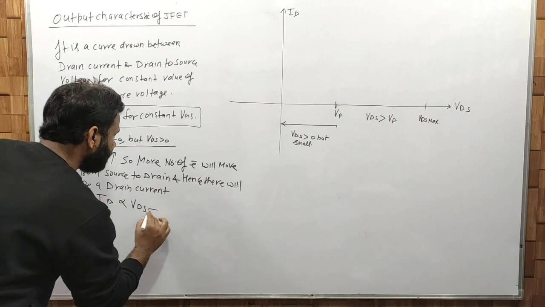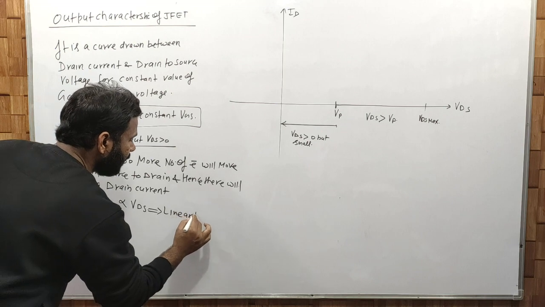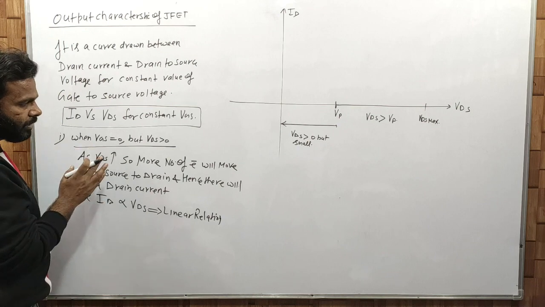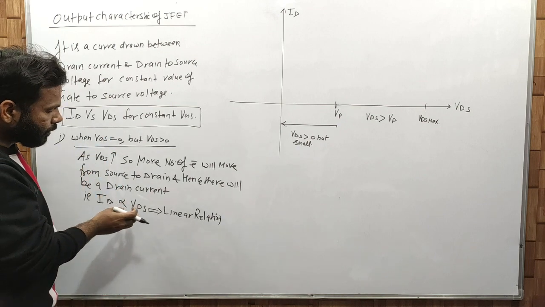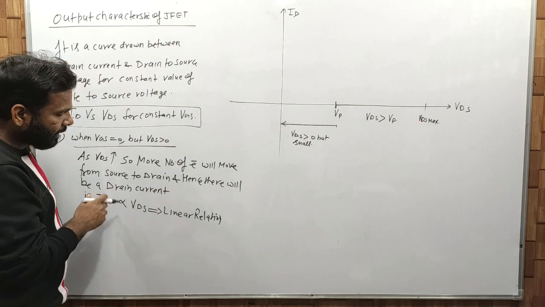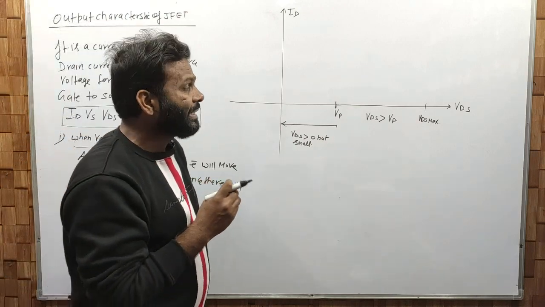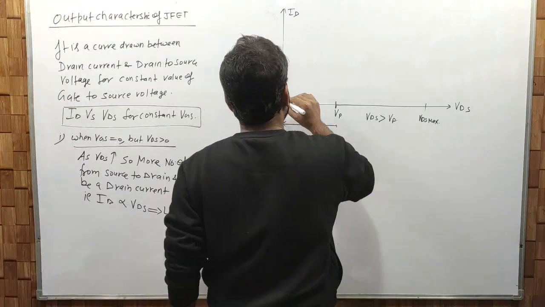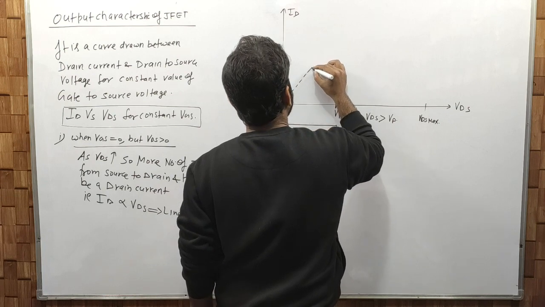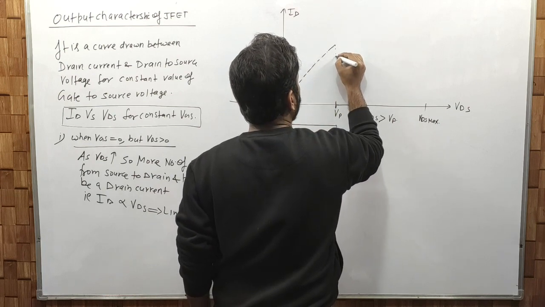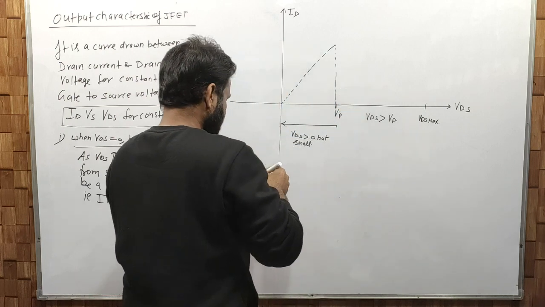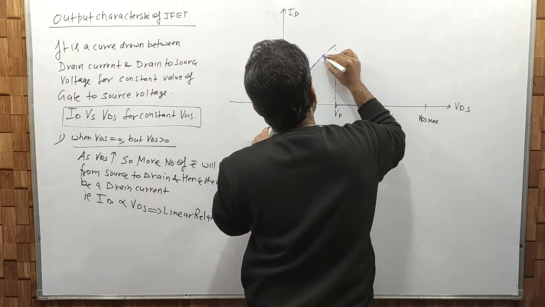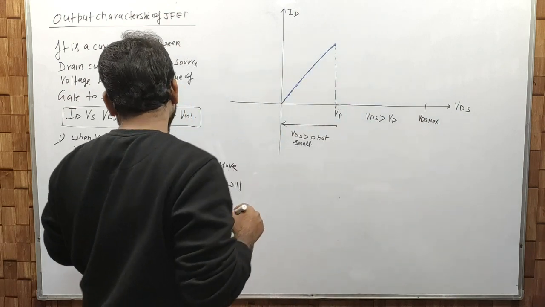So this is linear relation. This is called linear relation when VGS is 0 but VDS is positive but small. Now in this region, for the small value of VDS, the drain current or the output current is linearly proportional to VDS. ठीक है? So I'm just having this characteristic. This is your characteristic. So in this region the drain current is directly proportional to your drain to source voltage.